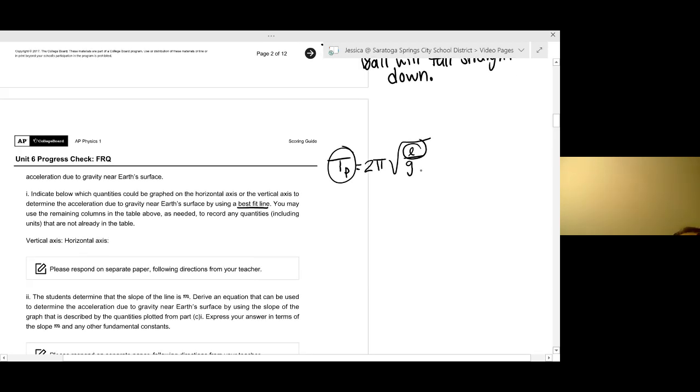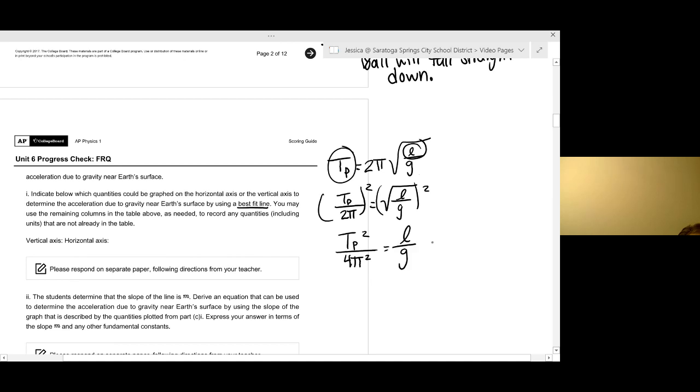So I'm going to rearrange this equation for g, since something about that best fit line is going to need to give me g. So I'm going to divide both sides by 2π firstly. Square root of L over g, and then I'm going to square both sides. So I have T² over 4π² equals L over g.